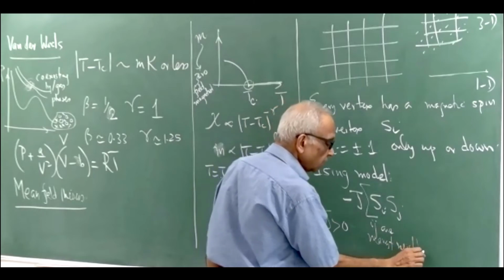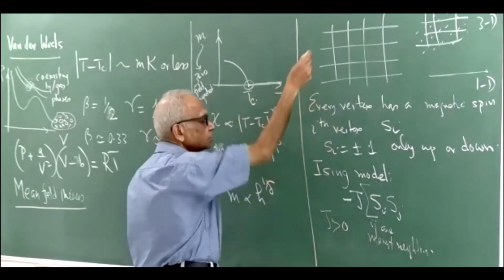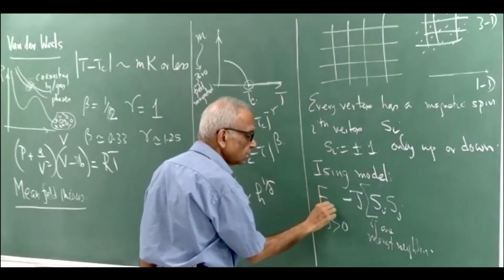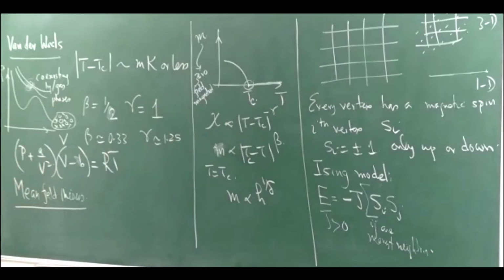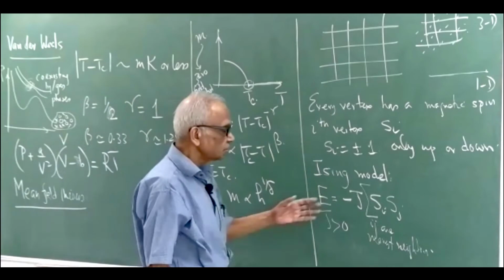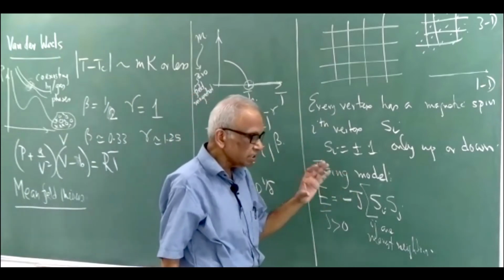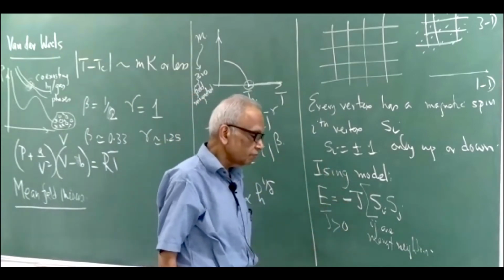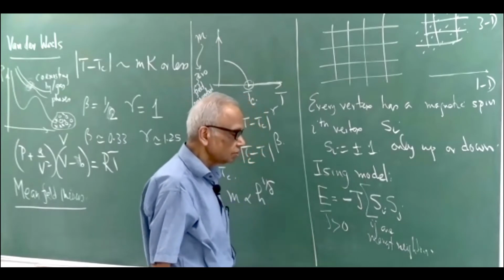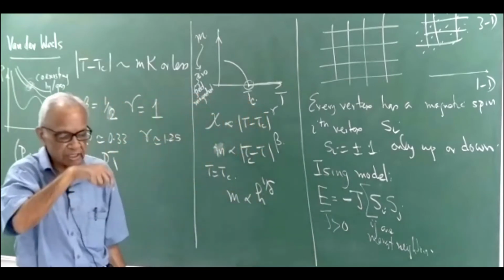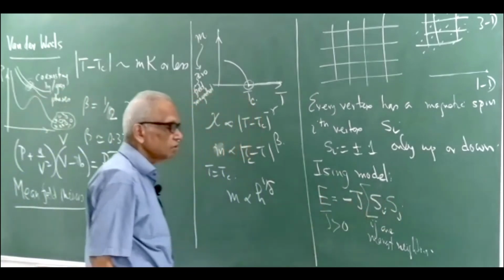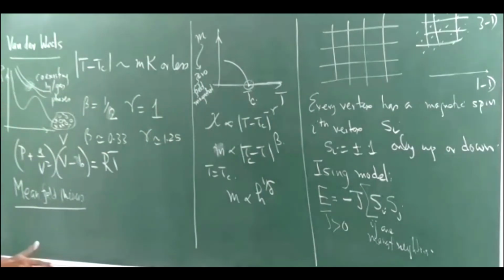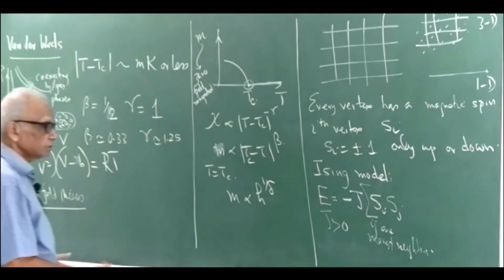So what is the total energy of this system? The total energy, which comes from the interaction between the spins, is minus J sum of S_i S_j. This is the ferromagnetic Ising model, for which J is greater than 0. The antiferromagnetic situation is far more complicated. You would have these alternating attractions and repulsions.